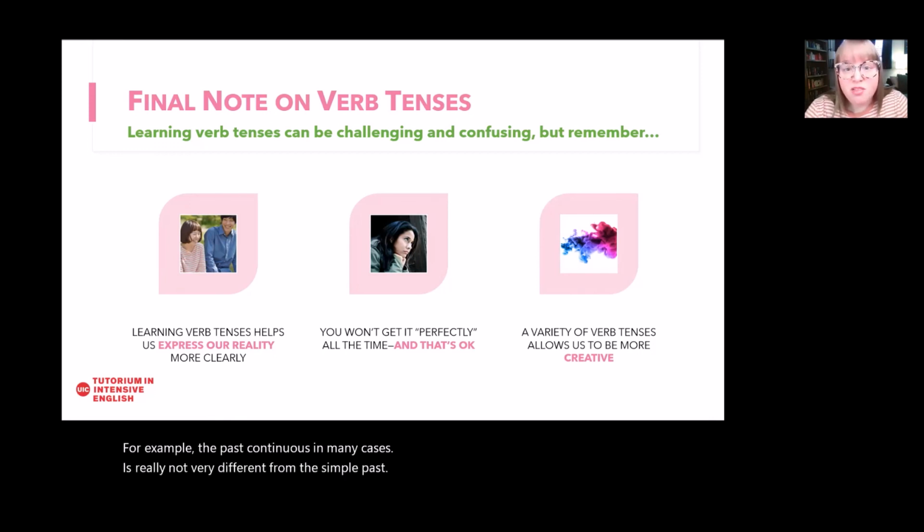It is a little bit, but not in big ways. We use past continuous in many cases just to, as I said, paint a different picture, to emphasize a process. That's all we're doing here.